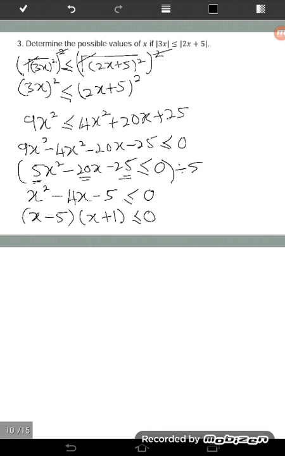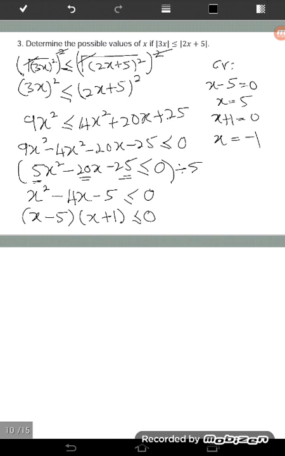Next, find the critical value, because this one is from the absolute value inequalities, berubah menjadi quadratic inequalities. So find the critical value. We have x minus 5 equal to 0, so x equal to 5, and x plus 1 equal to 0, x equal to negative 1.